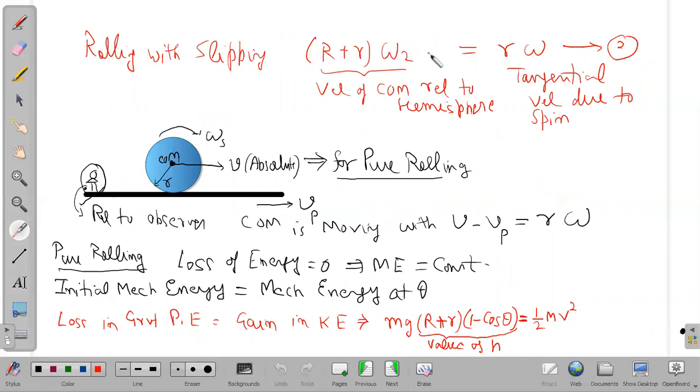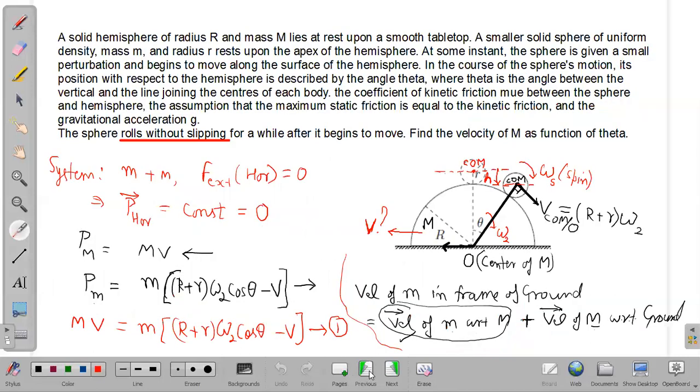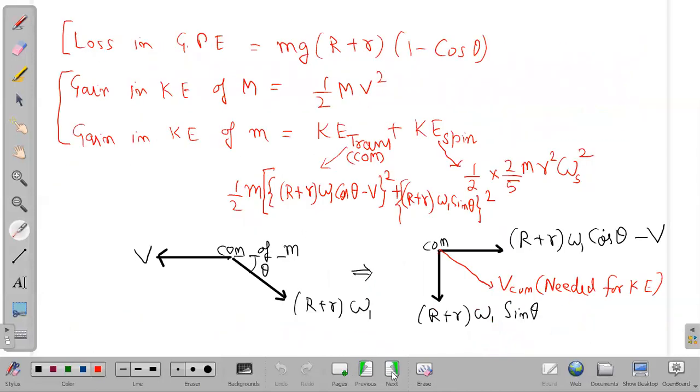So you need to be very clear where we have to take the velocity with respect to ground and where we have to take the velocity with respect to the hemisphere. For writing down the criterion of rolling without slipping, you need to have the relative velocity equal to the tangential velocity caused by the spin of the sphere. Whereas for conservation of linear momentum or for the conservation of kinetic energy, you need to consider the velocity of the small sphere relative to the ground. Take care of these concepts.